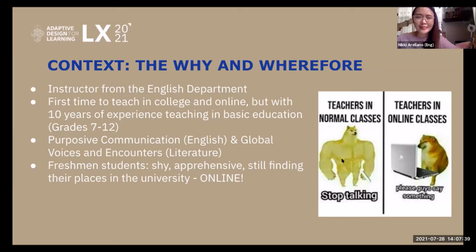But somehow we find ourselves here in online teaching, begging the students to say something during synchronous sessions, like a puppy begging students to turn on their cameras or to at least say something in response to our questions.